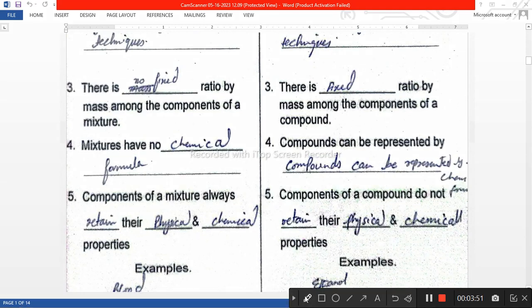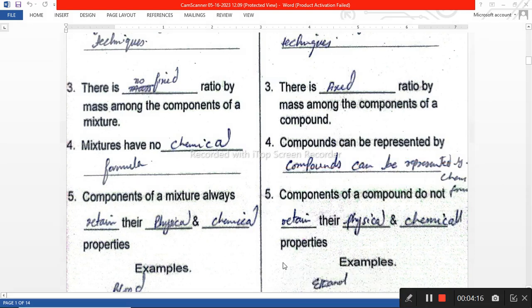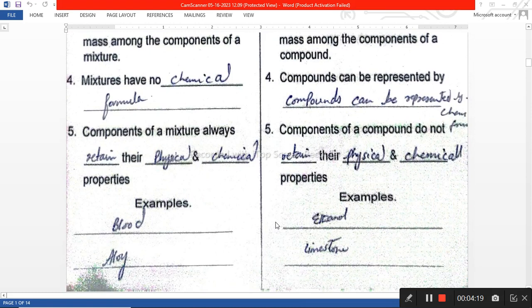The next heading is compounds can be represented by the chemical formula. Next, components of a compound do not retain their physical and chemical properties, means they have completely changed when they react with any element.